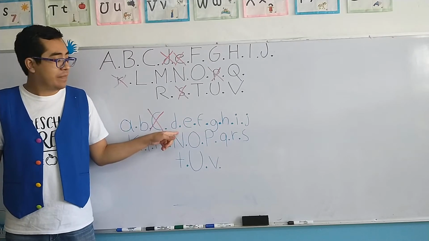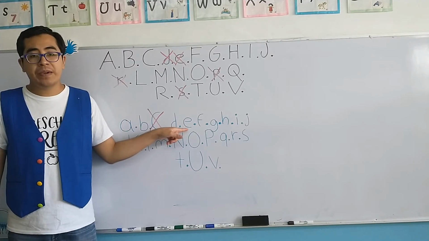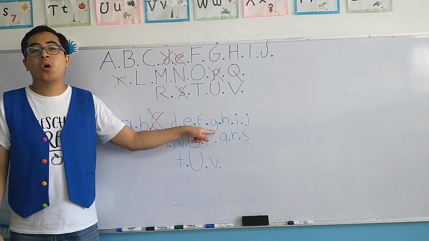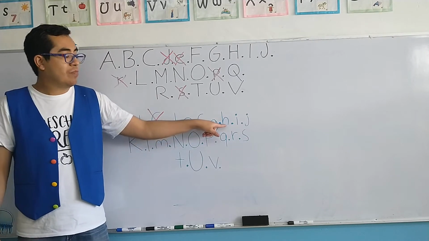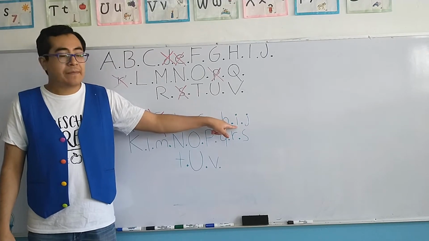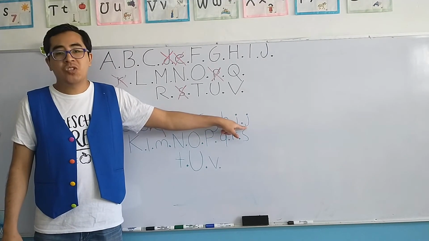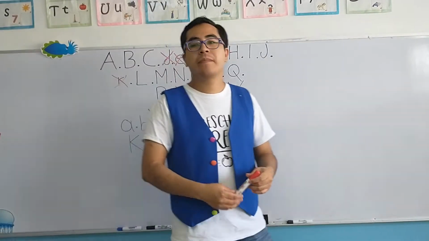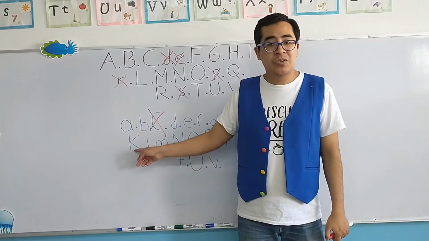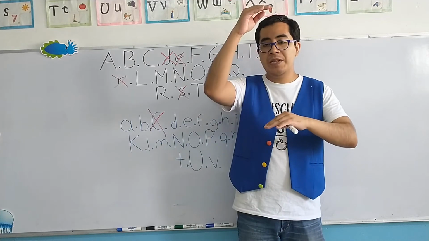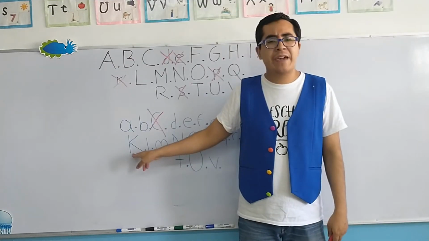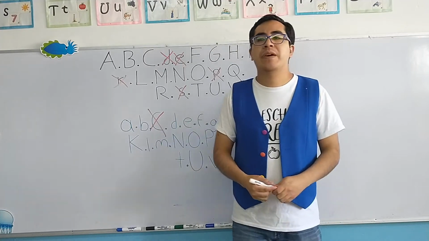Small D, small E, small F, small G, small H, small I, small J, small, no, this is not a small, this is capital. Look at the size of the letter, capital K, so we mark it.